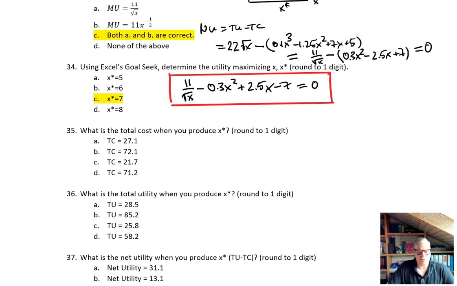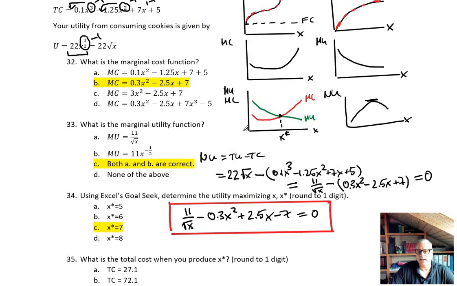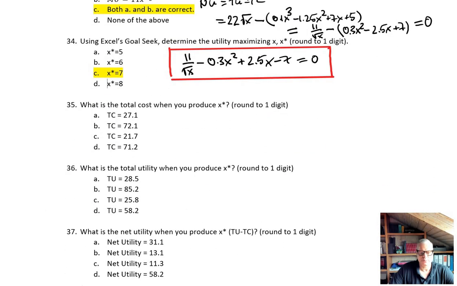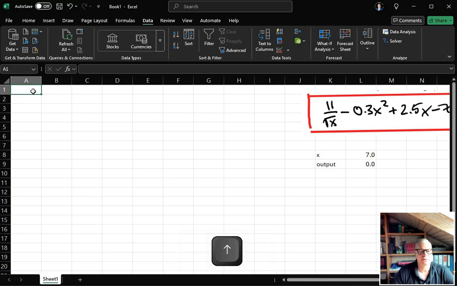Okay, let's also draw it just to see whether we can replicate a graph like this. So I'll just create first the X, and I do that from 0 to 10 because the optimum seems to be 7, so 10 is enough.